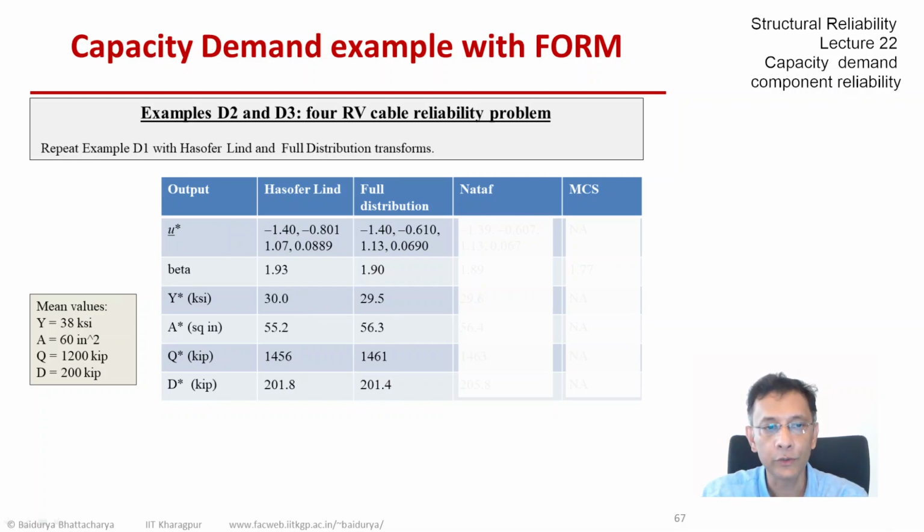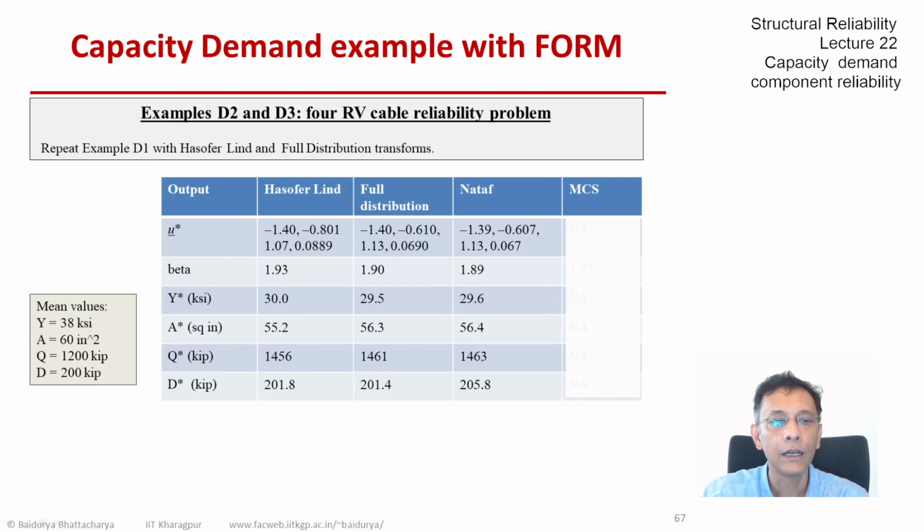And just to recap, what we got for the Nataf was a beta of 1.89, and we have already discussed the design point values. Now, how do they compare with the true value?